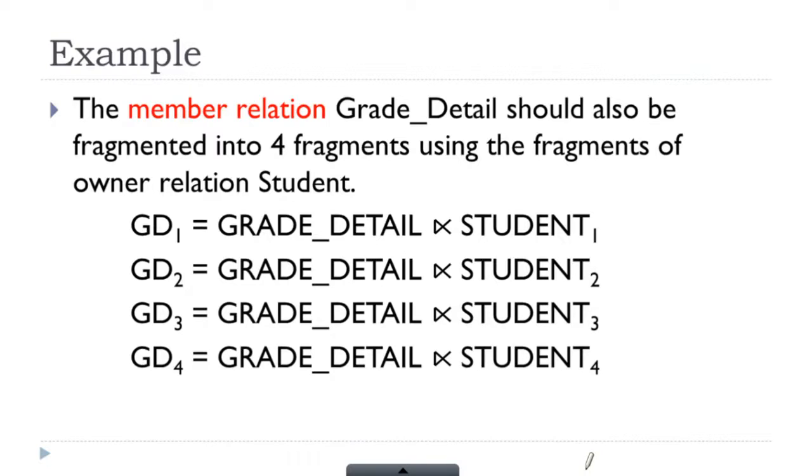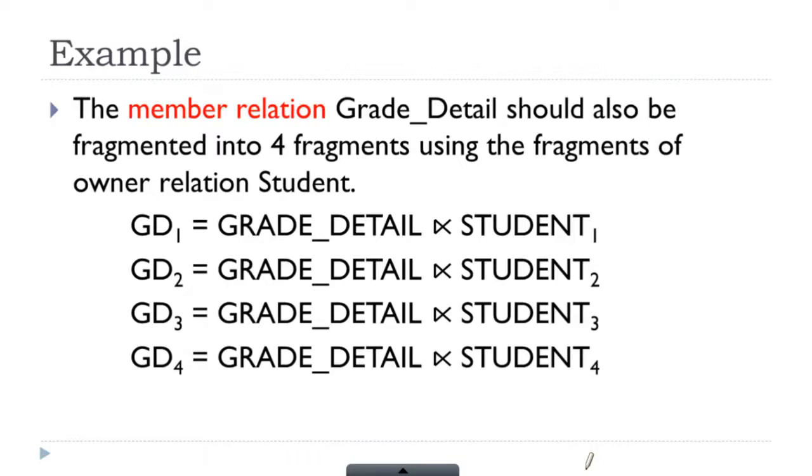So what we expect is to fragment the member relation in such a way that the records related to those 4 already fragmented tables end up in the same fragment, that is, the same site. That's where we apply the semi-join operation.